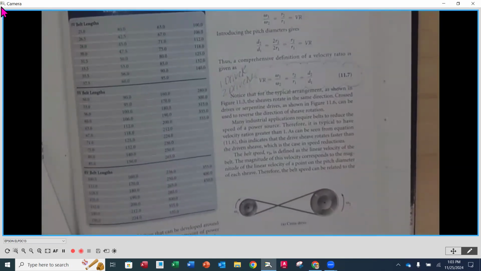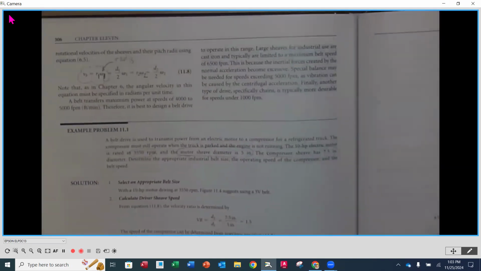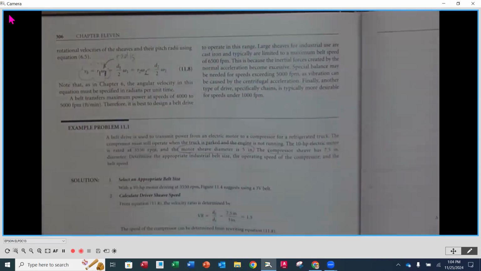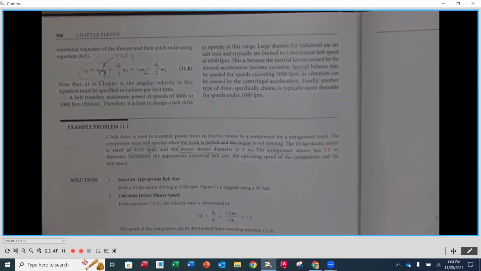And then the last equation that you want to add, we're going to turn the page to the top of page 306, right up here. We want to use the equation for belt speed, and make sure that you have your ones together and your twos together. So we're going to call this belt speed, which is also pitch line velocity. VB is going to be equal to R1 times W1.